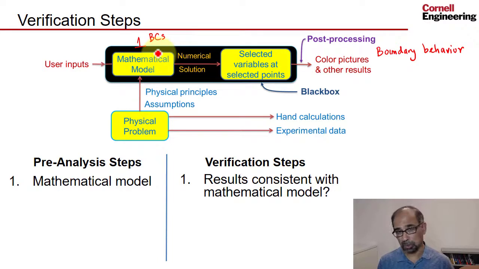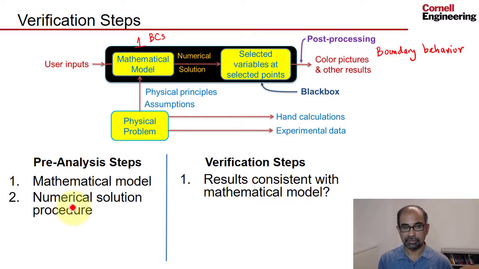For instance, one of the common mistakes is putting the wrong boundary conditions into the solver. And there are other things one can check, and I'll list those out in the next slide. The second thing we considered in pre-analysis is how the tool, Fluent in our case, is solving that mathematical model through a numerical solution.